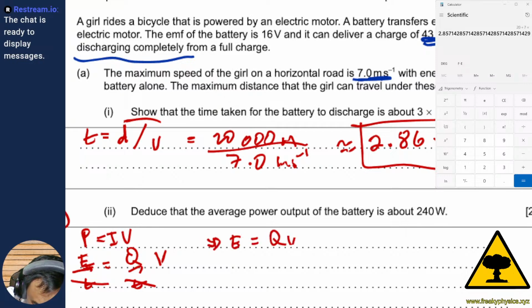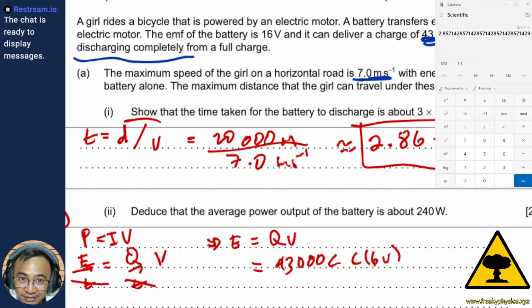equals QV. The Q is given, 43 kilocoulombs, and the voltage is 16 volts. So just put that in here. Q is 43 kilo, so 43,000 coulombs, and then V is 16 volts. Multiply that, we get our answer.